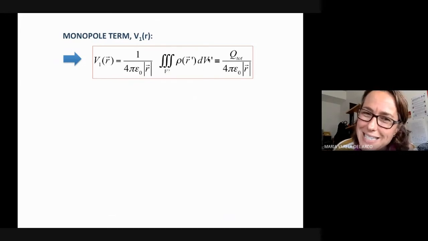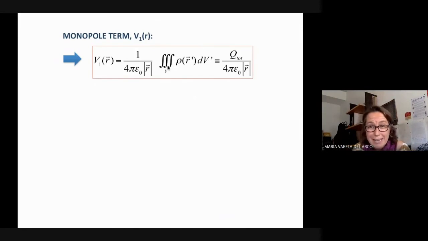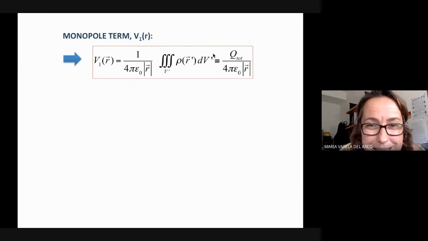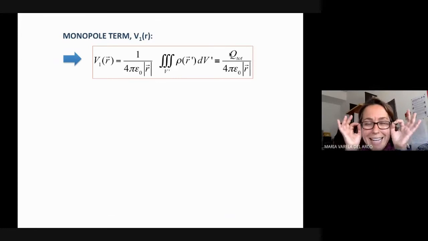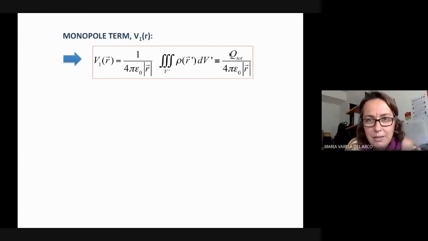But what is this integral? It's just what we typically call net charge, total charge of my distribution, isn't it? The integral of the charge density, right? In other words, this term here is just the total charge, identically equal to the net charge in my distribution.